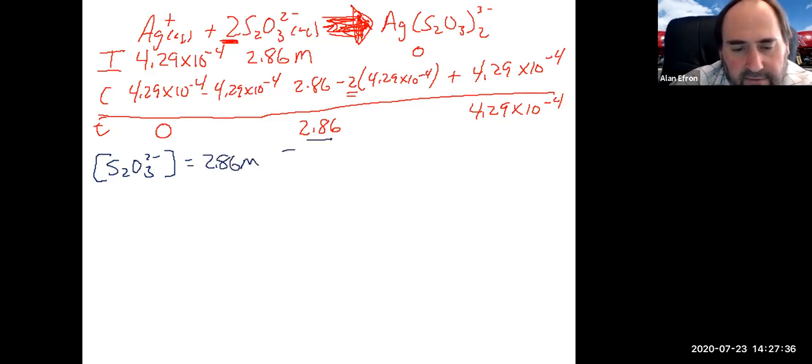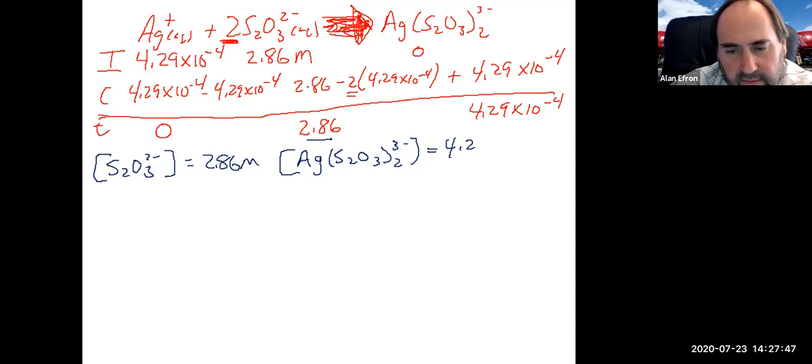We also figured out the concentration of our complex ion, which I know they asked for. It has a concentration of 4.29 times 10 to the minus 4 molar. And now we actually do have a couple of options as to how you can proceed at this point. I'm going to explain a couple different ways to approach it.